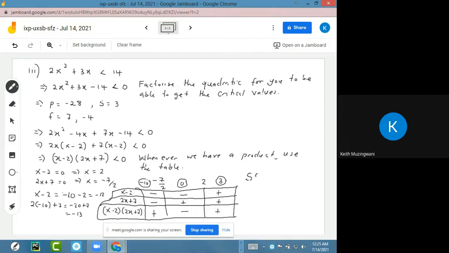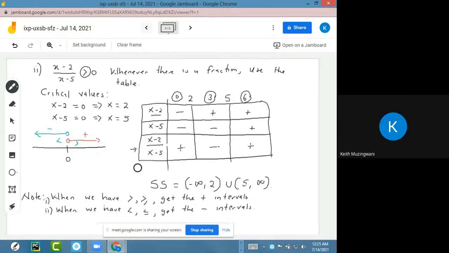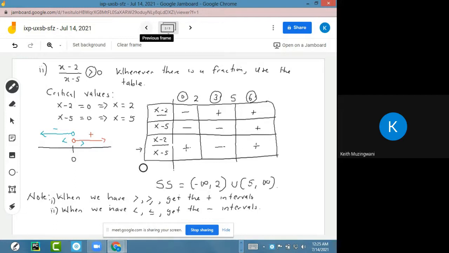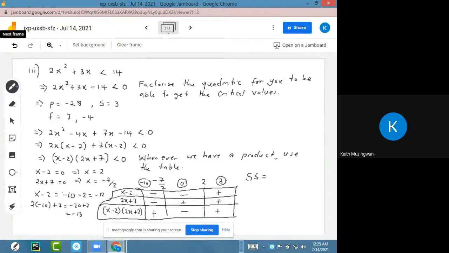So the solution set here, remember we said when we have less or equal to, get the negative intervals. Now here we have less. So for less, we'll get from negative 7 over 2 to 2.